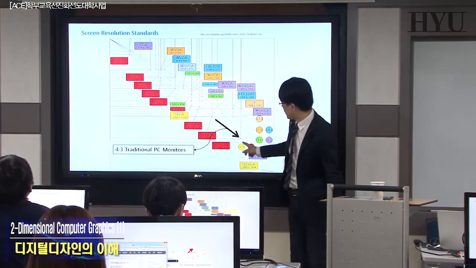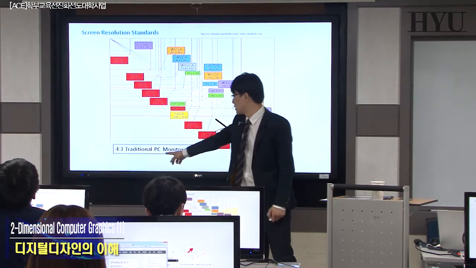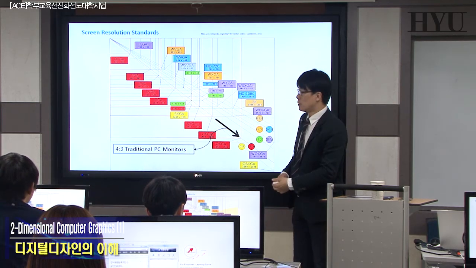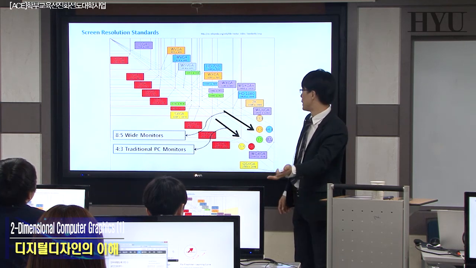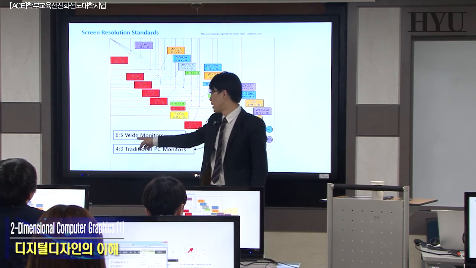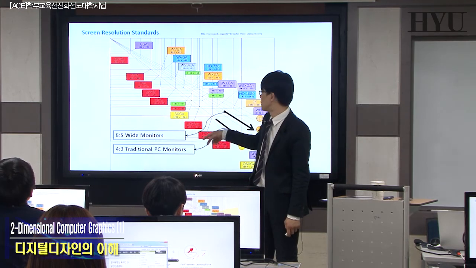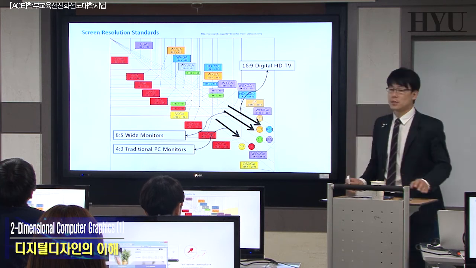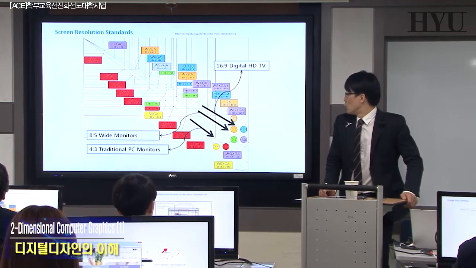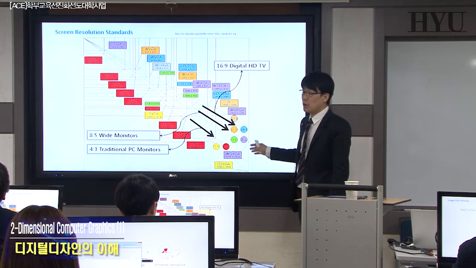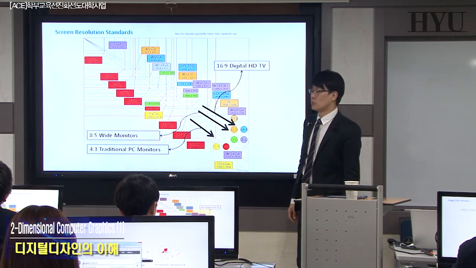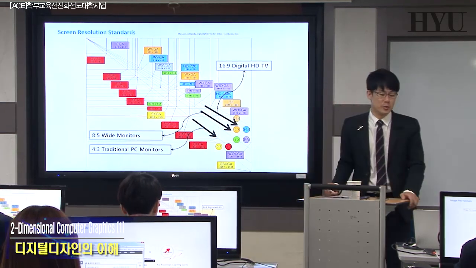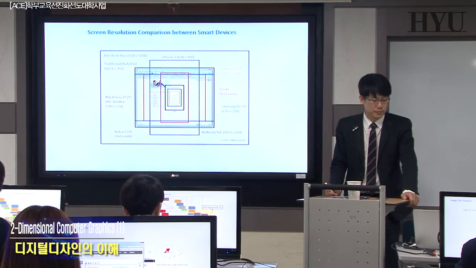So this line represents 4:3 traditional PC monitors, the computer monitors over there. But the monitors in front lines, they are all 8 by 5 wide monitors, computer monitors. And this one, 16 by 9 ratio, digital HD TV. We don't need to know the details about it, but at this point, you should take care of the number of pixels, width and height, of your raster image, okay?